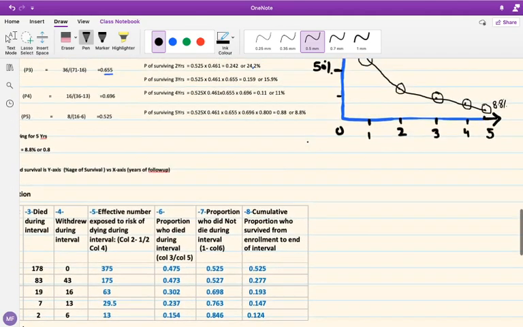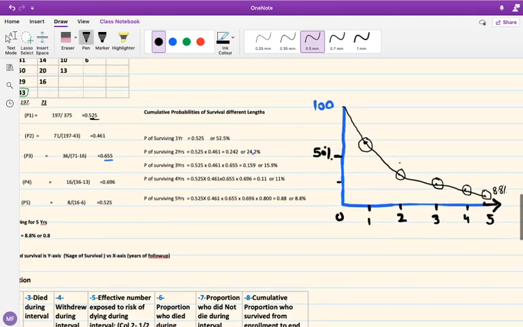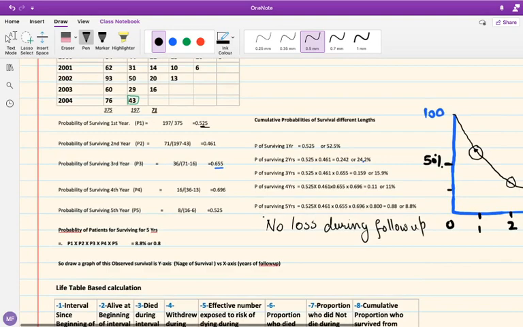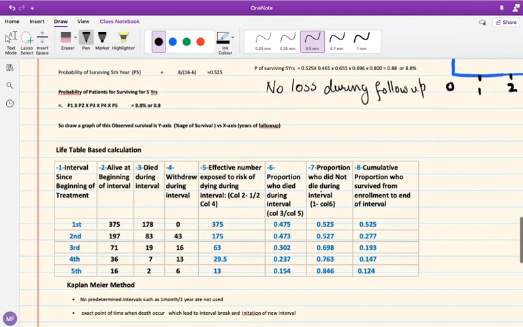Here we assume that there is no loss to follow-up. We follow the patients who are enrolled in year 2000 till 2005, and all the patients remain attached to the study. But this is a very rare phenomenon, and it seldom happens.